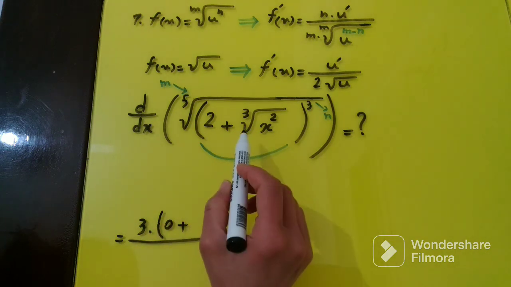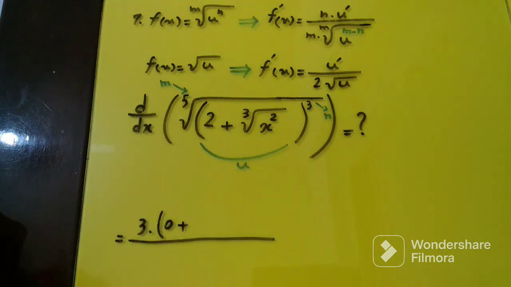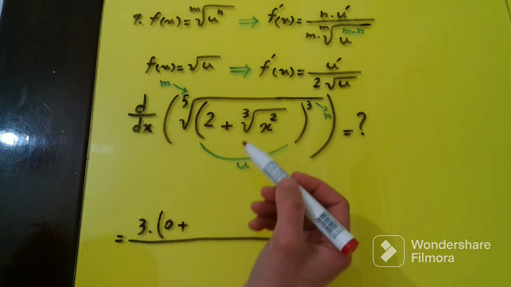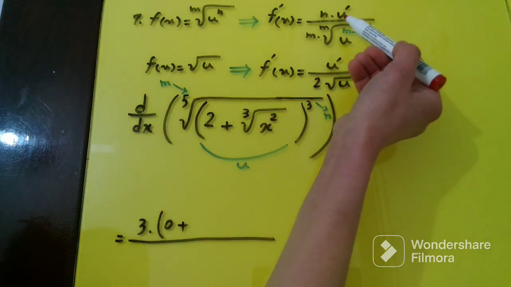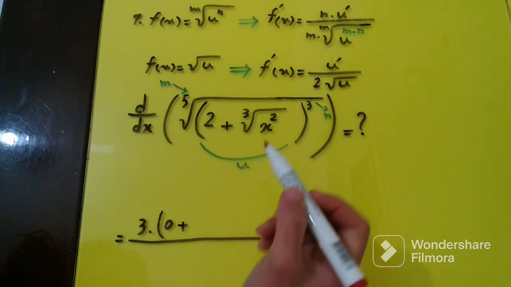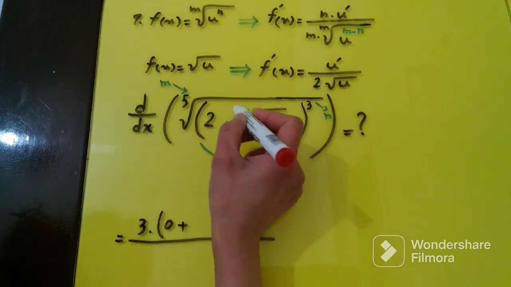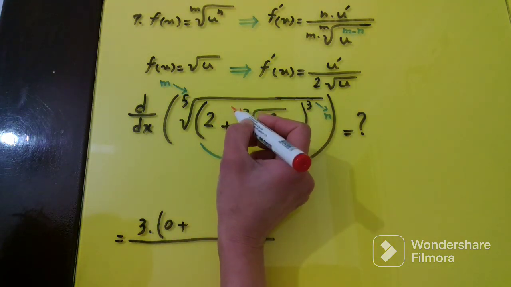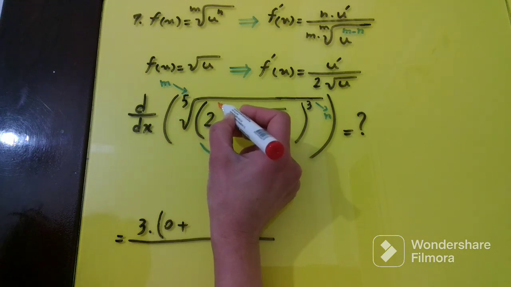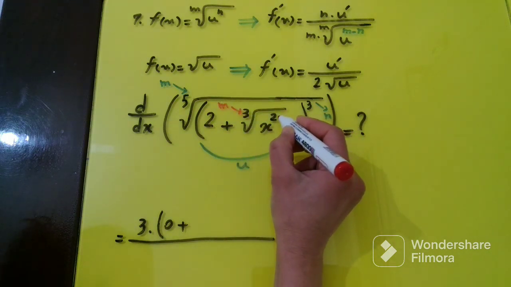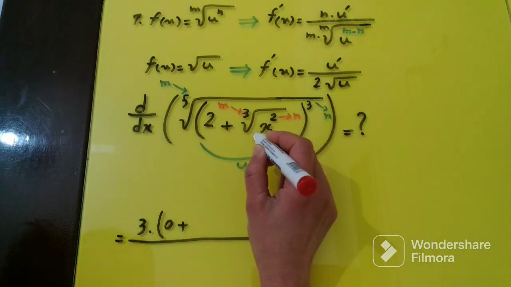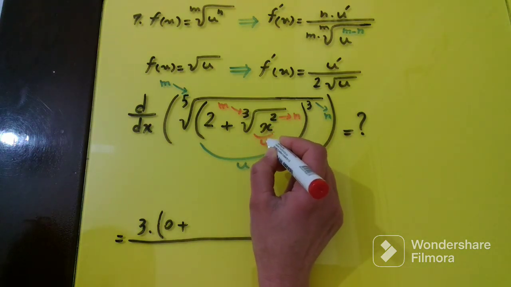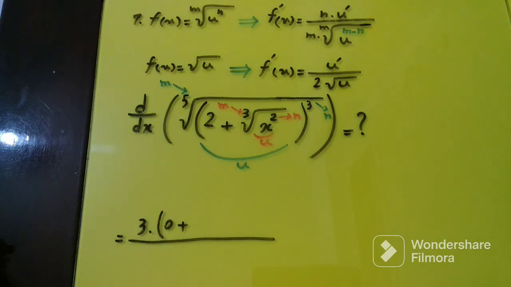Plus, for this term, as you see, there is another radical function again. So we should use this formula again. 3 is m, 2 is n, and u is x.